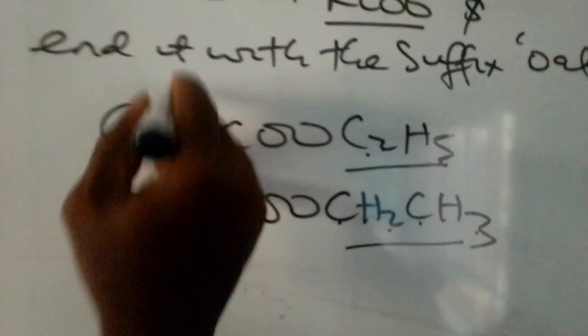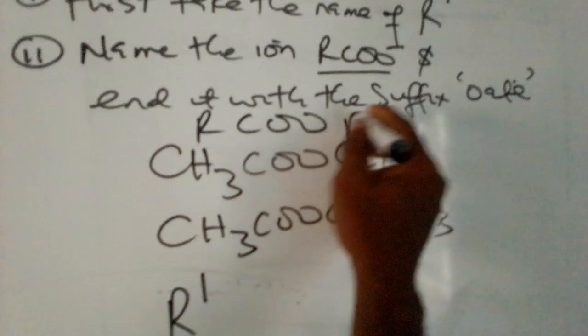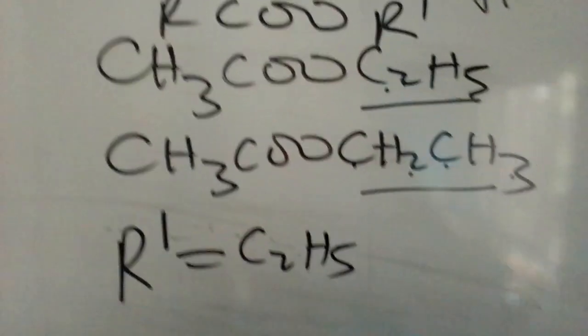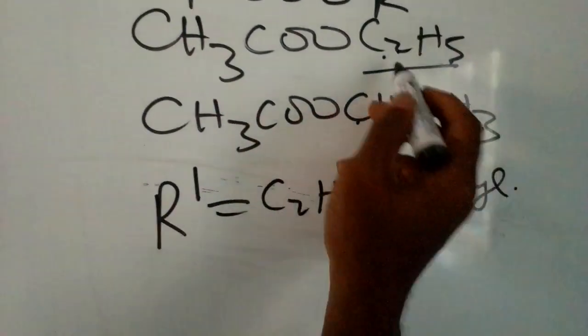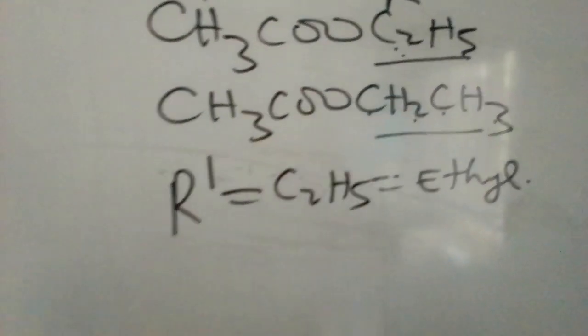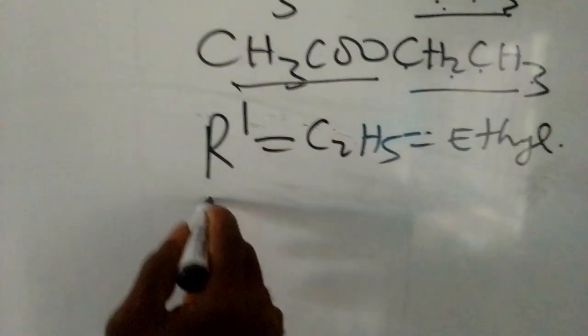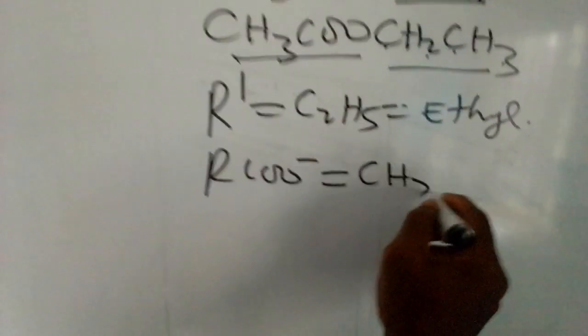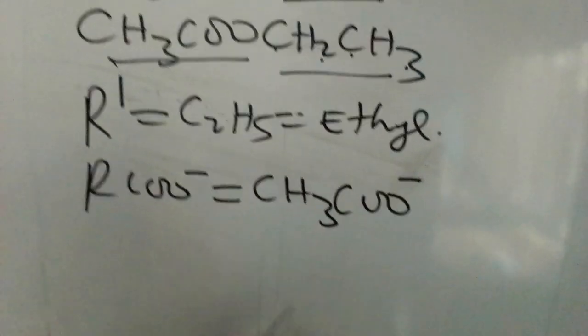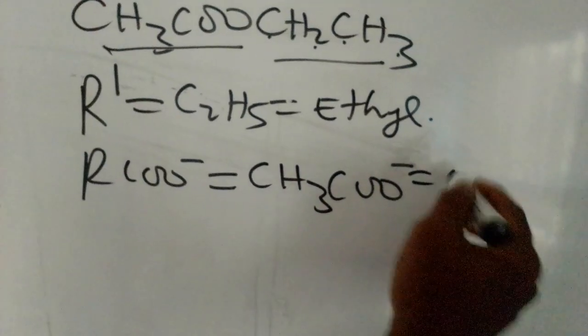The general formula is RCOOR'. The last alkyl group is C2H5. Take the name first. The name is called ethyl, from ethane, two carbons. The remaining RCOO ion is CH3COO negative. So this is now called ethanoate.